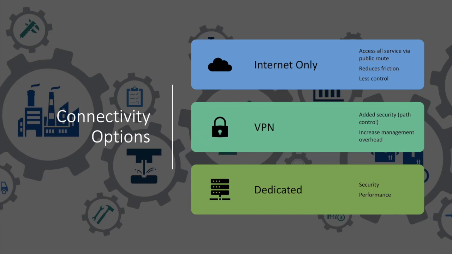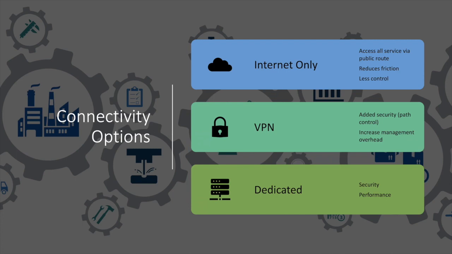Having the distributed model of internet only, allowing users to go in through their private connection, the choke point now becomes the internet port at the home user's location, and the SaaS service provider's ability to accommodate that traffic. And that's usually not a problem.